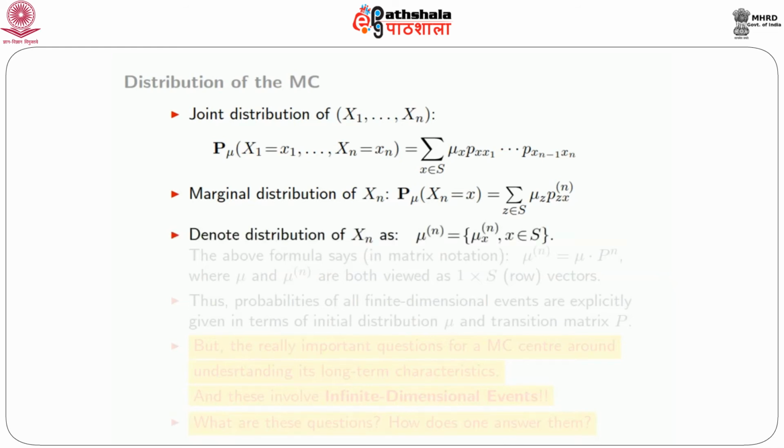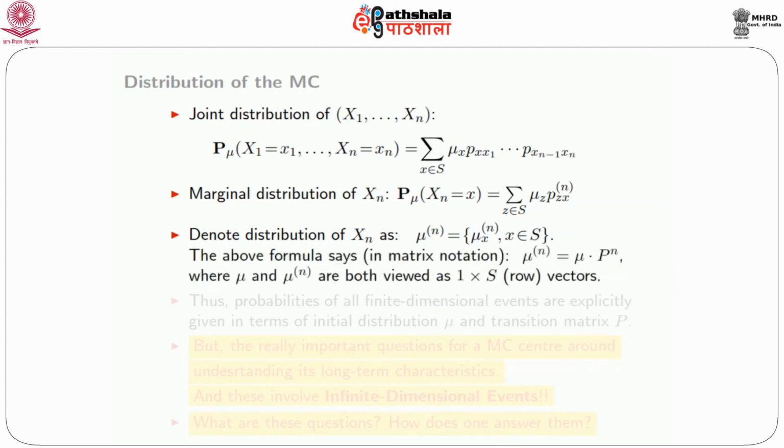If you denote the distribution of xn as mu super n, then the above formula says in matrix notation that mu super n is mu times P to the n, where both mu and mu super n are viewed as 1 cross s row vectors.